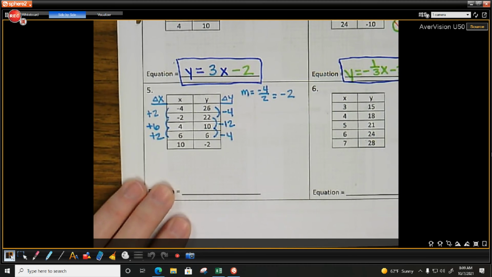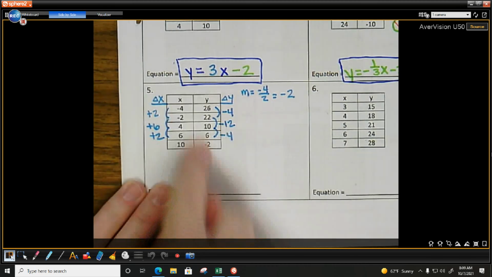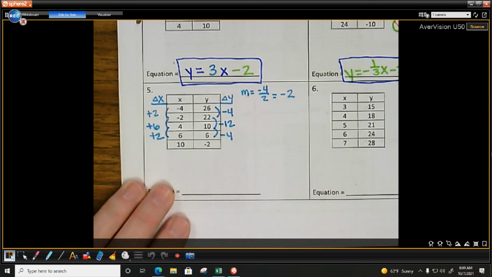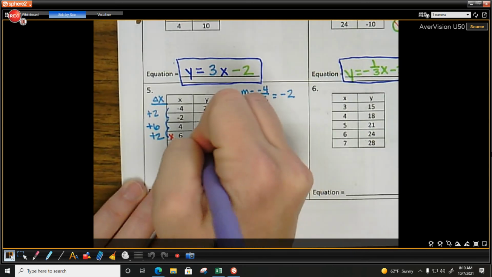Okay? So are any of these points my B or my y-intercept? No, which one do we want to use for x1, y1? We can choose any one. Tell me which one we want to choose. 6 and what? 6 and 6. Okay, both those are positive numbers. So x1, y1.